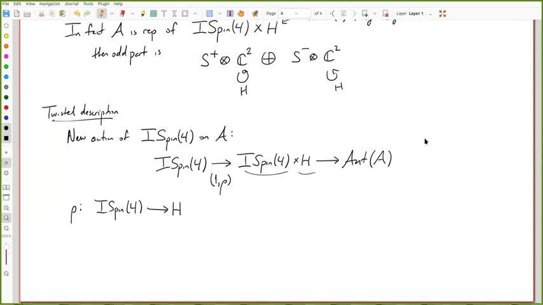In this particular case, the one we're going to take is, well, so let's project off the translations. So we just map it to spin 4. What's spin 4, but SU2 times SU2. H, on the other hand, was SU2. And so what we'll do is we'll just take the map that's, say, projection on the first factor.